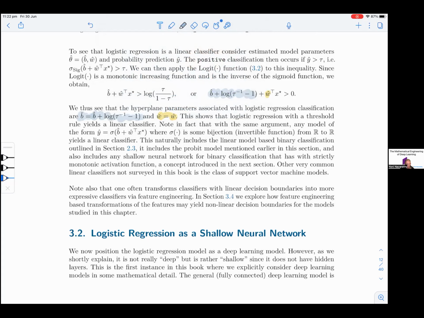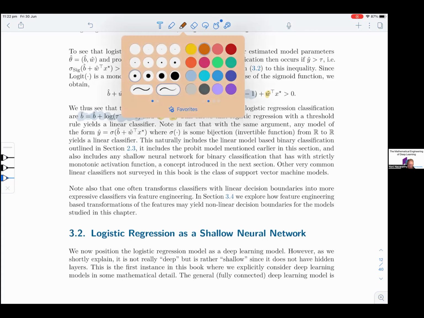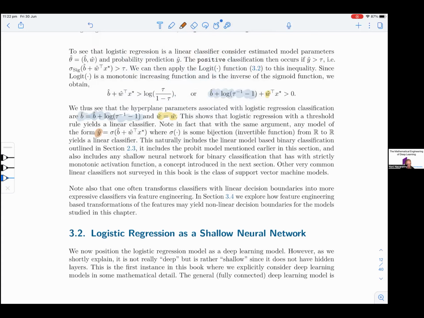Note, in fact, that with the same argument, any model of the form ŷ equals some sigma of an affine function, where sigma is some bijection, some invertible function from R to R, so the sigmoid was invertible, yields a linear classifier. This naturally includes the linear model-based binary classification outlined in section 2.3, because then sigma was just the identity function.